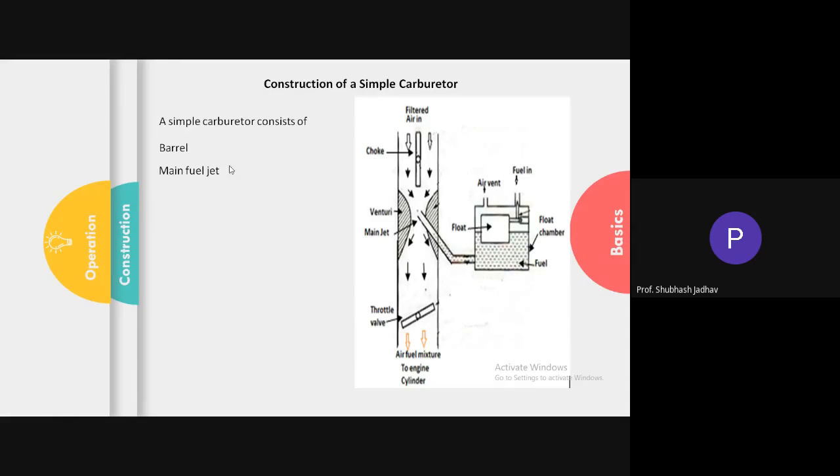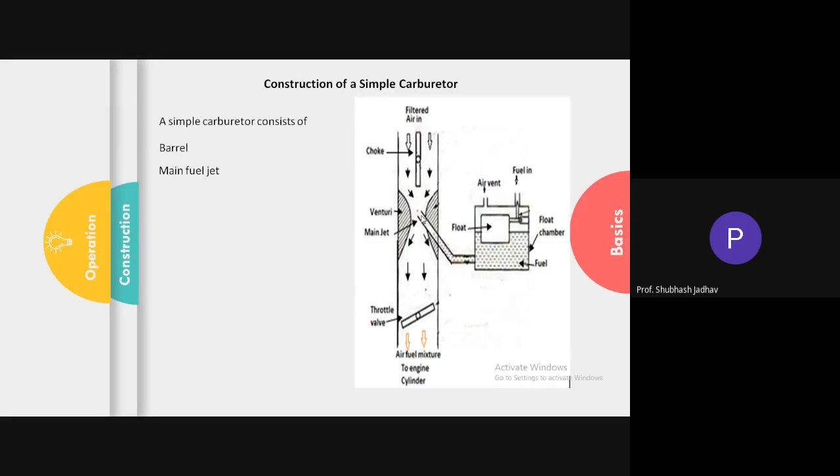Now we have a main fuel jet. So this is your main fuel jet. Okay, what is its function? Its function is to supply the fuel into the barrel in the form of a jet. We have discussed in the previous class why it is in the form of a jet, because we have to atomize the fuel. Why do we have to atomize the fuel? Because we want to increase the contact surface area of the fuel and the air.